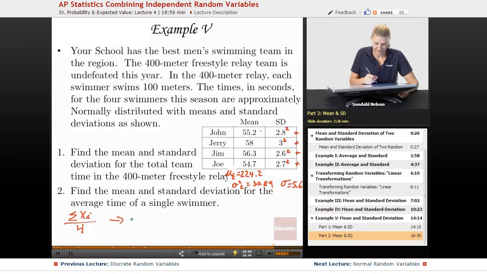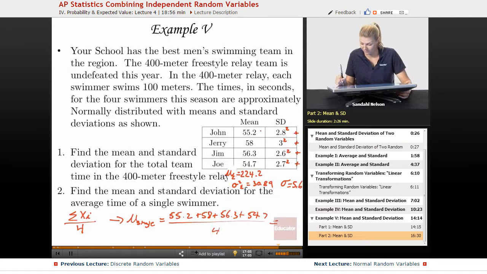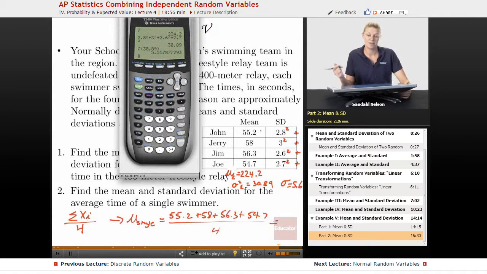So that means that the mean of a single is the mean of each of them divided by 4.